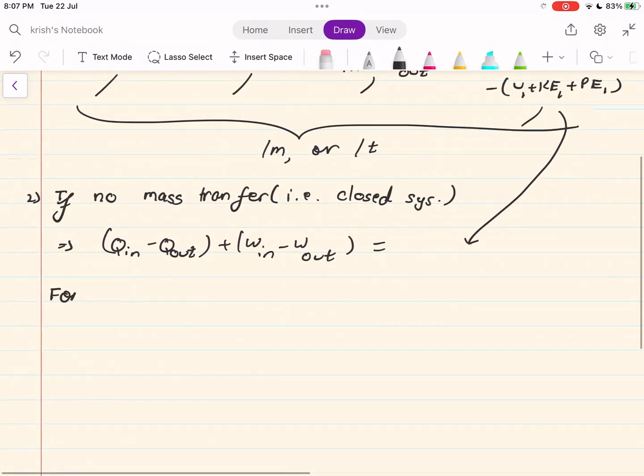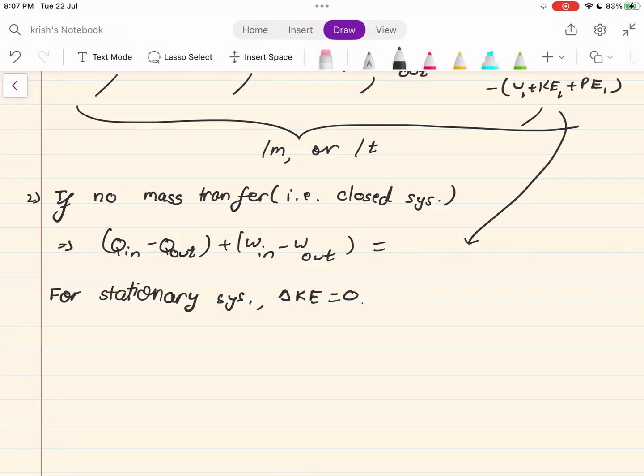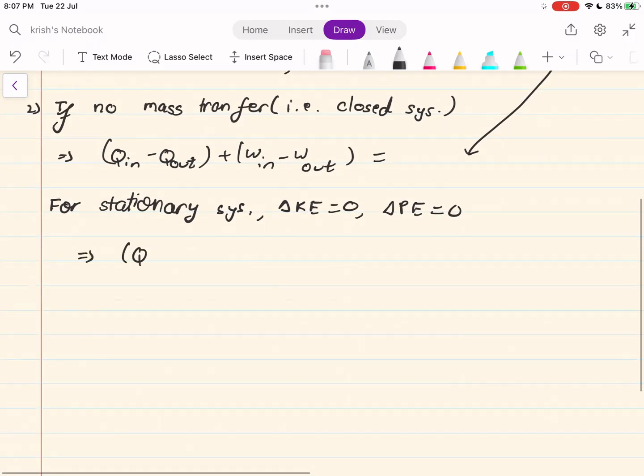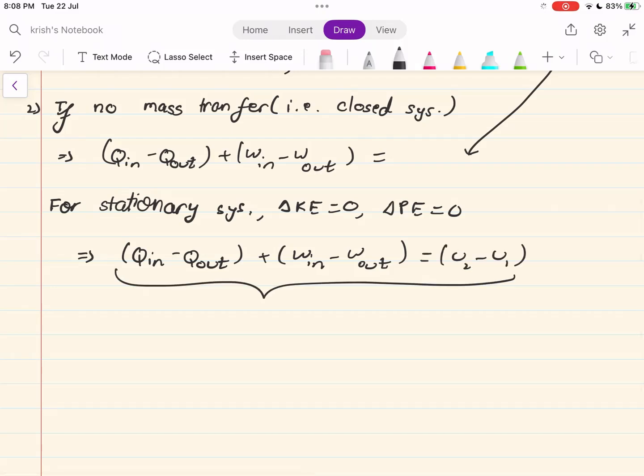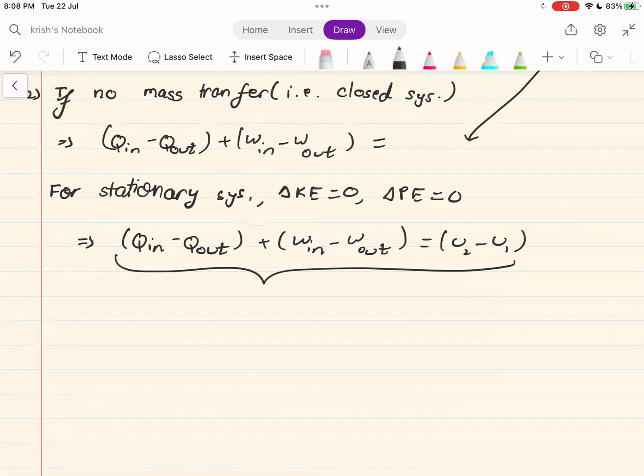For a stationary system, that is, a system itself is not moving, change in kinetic energy will be 0 and change in potential energy will also be 0, which implies a final form of this law is, or we can say, delta Q equals delta U plus W. This is capital Q. The reason this is plus is because this quantity will be negative, this quantity will be positive.